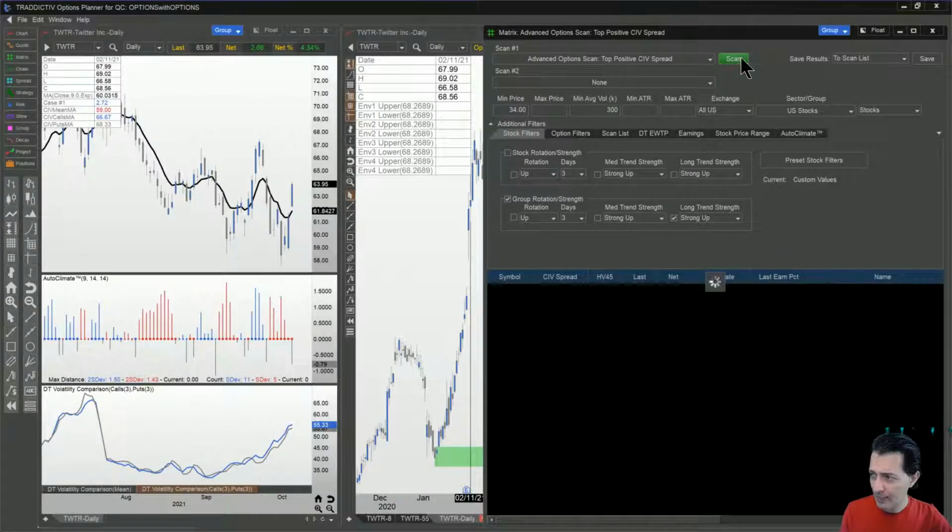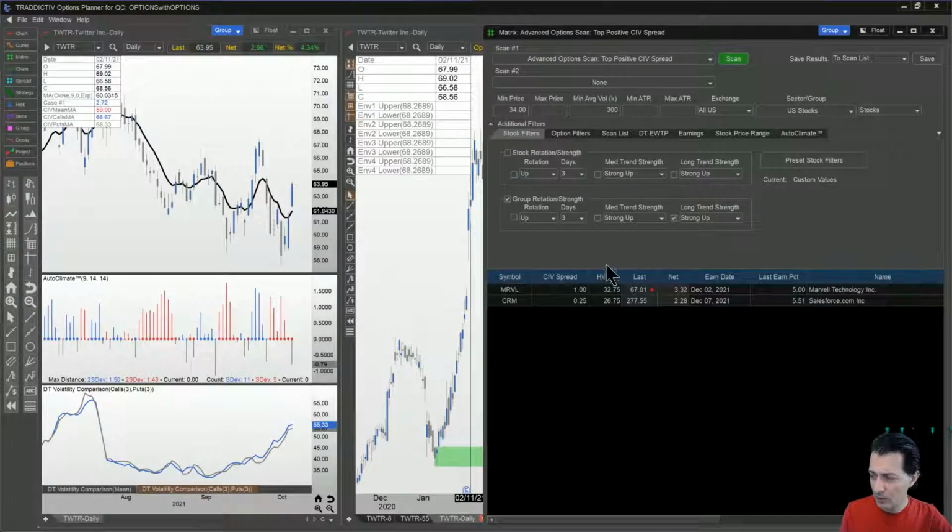So let me go ahead and remove the midterm, and we end up with only two, which are Marvel and CRM. This says a lot, to be honest, guys. When it comes to our analysis of the S&P earlier, we saw that the climate is not confirmed, and there's a reason for that. The stocks that belong to the strong sectors are not pushing that hard yet.